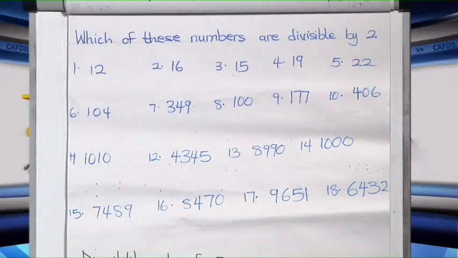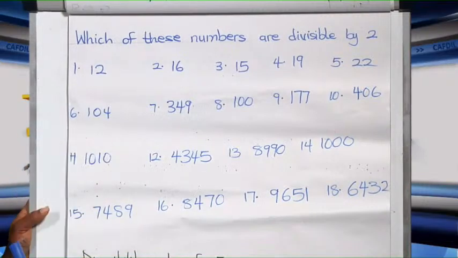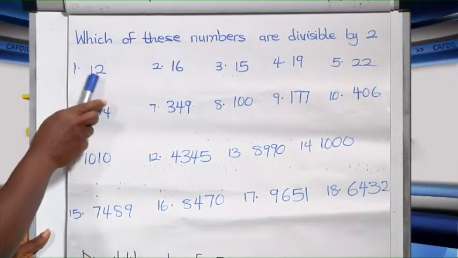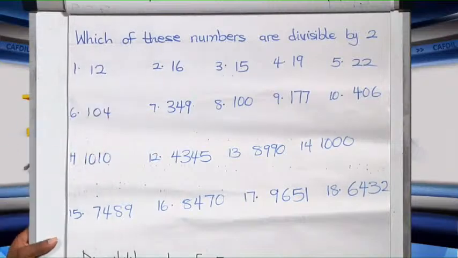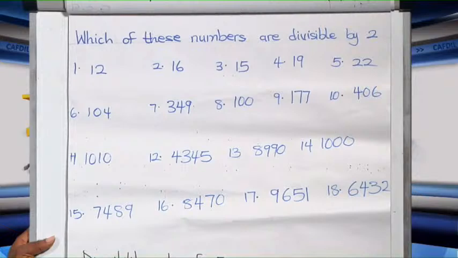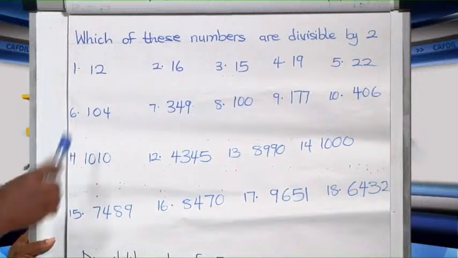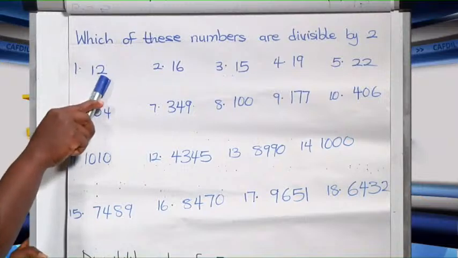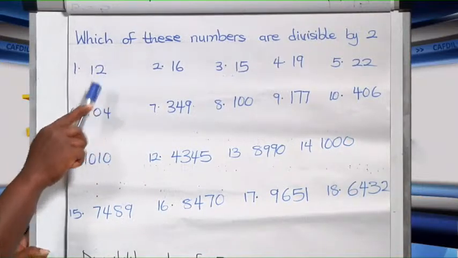Now let's look at the numbers that we have here. The first one is 12. Is 12 divisible by 2? The rule says the number should be an even number, or the last digit should be an even number. Look at the last digit. It is 2. 2 is an even number.